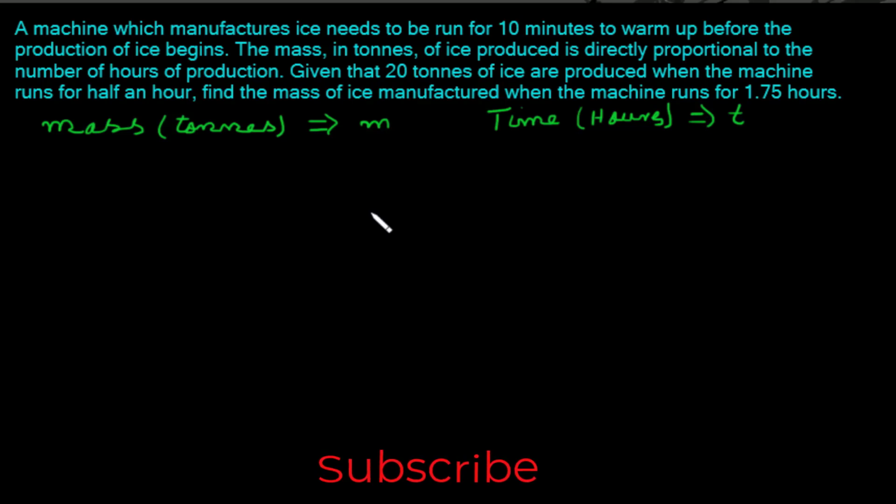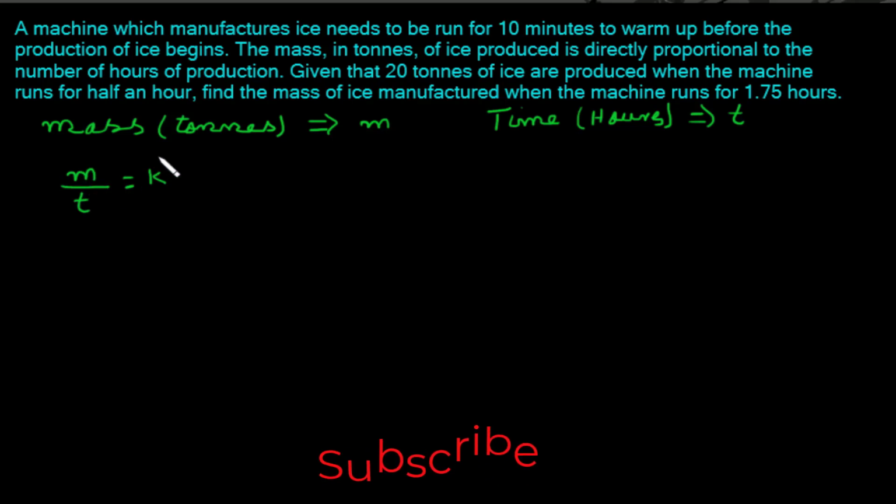Since the mass of ice produced is directly proportional to the number of hours, M is directly proportional to t, and we can write the relation as M by t is equal to k. When two quantities are directly proportional, M increases or decreases as the time t changes in such a way that the ratio remains constant. We denote this constant with k, and this k is known as the constant of proportionality.